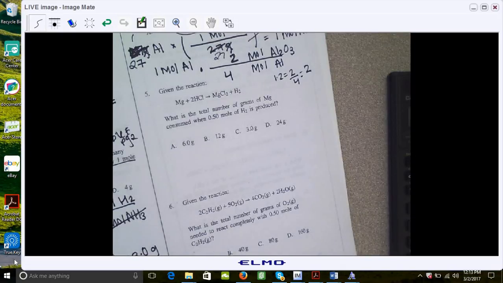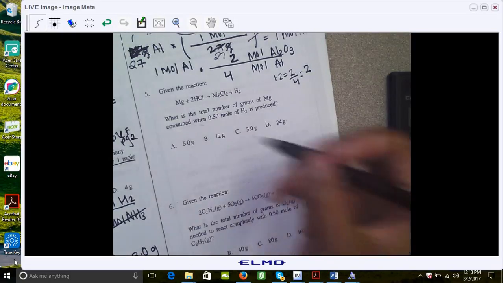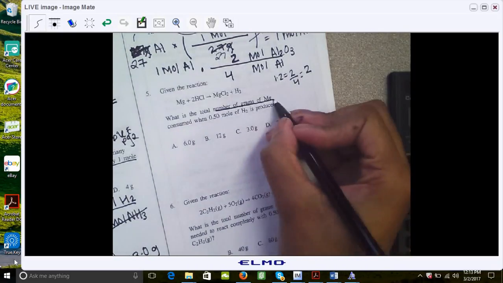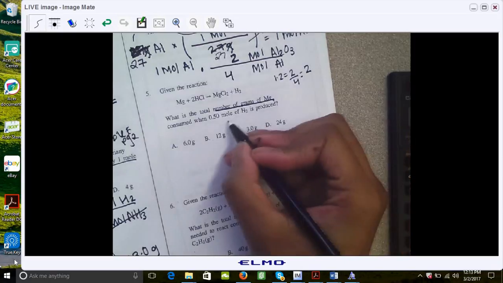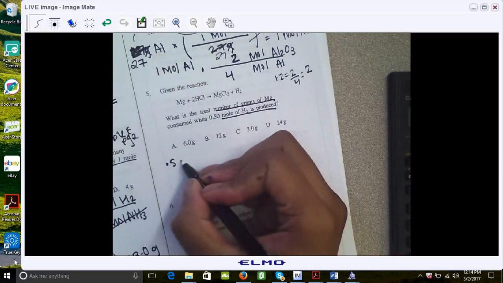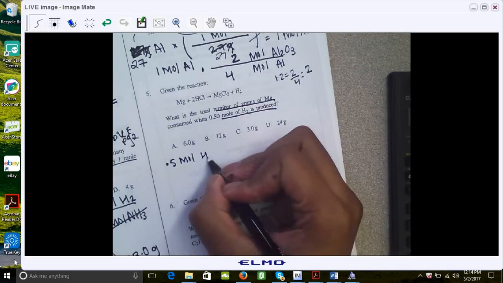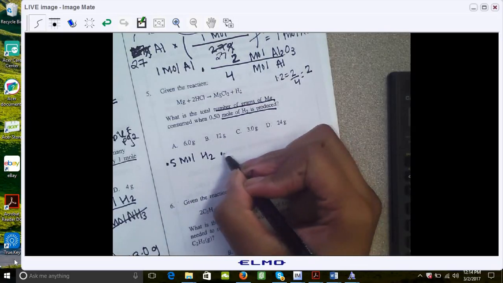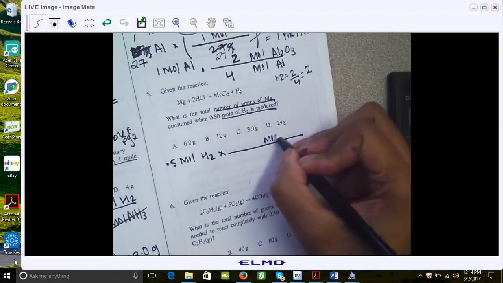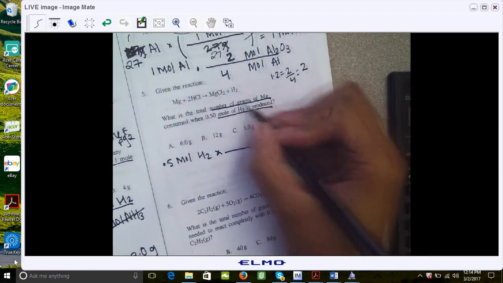Okay, so now this next question, they gave an equation. They're asking for the total number of grams of Mg, and they gave me 0.5 moles of H2. So I got 0.5 moles of H2, and I'm going to multiply that by the ratio. They wanted the grams, but we have to find that later.